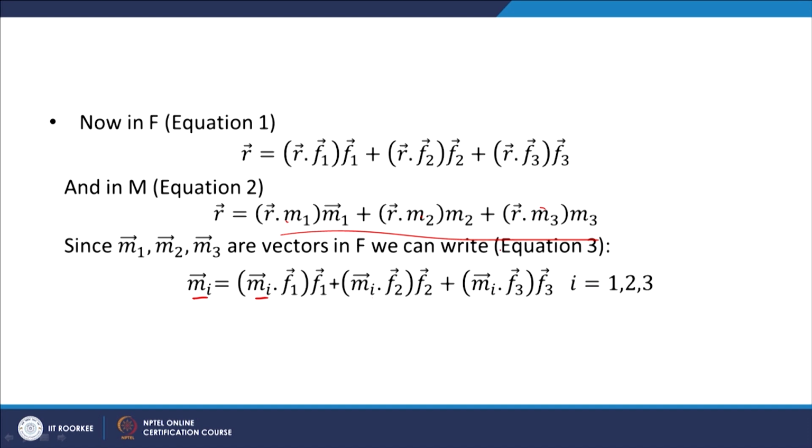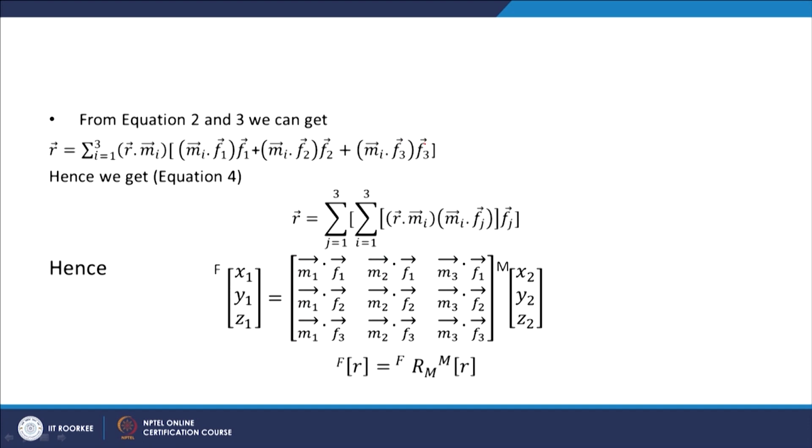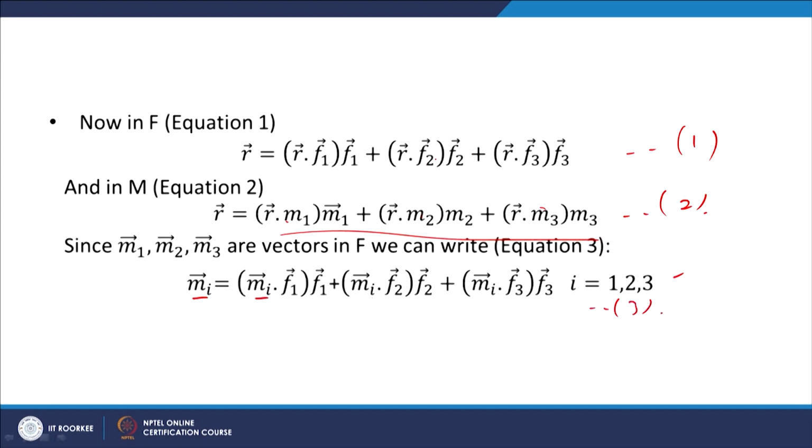This is obtained by replacing r by the mi vector. Now, if we substitute this mi value in this expression, if you call this equation 1 and this equation 2, so if I substitute equation 3 in equation 2, we will get r bar to be like this, directly substituting and collecting the coefficient of f1, f2, f3 after the substitution.